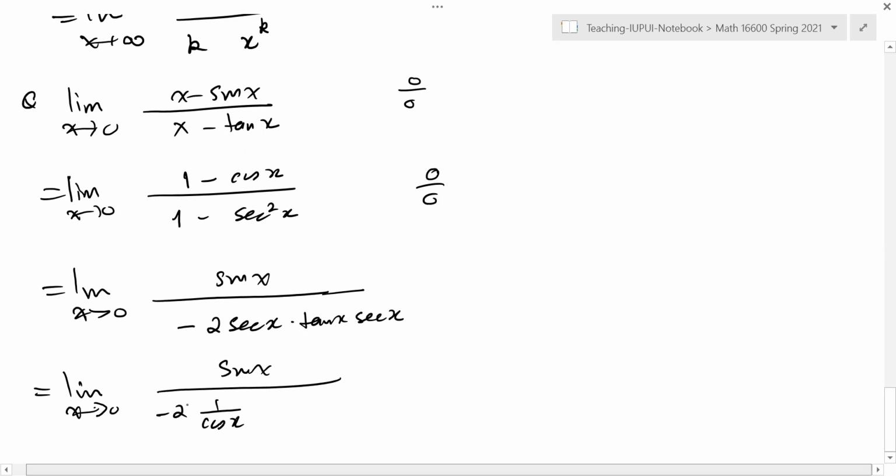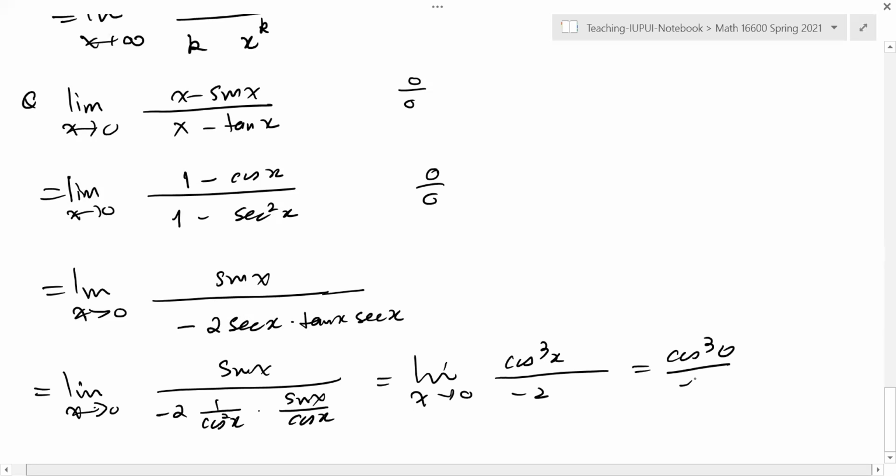Secant is 1 over cosine x, tangent is sine x over cosine x. After you simplify it, you will get nothing in the denominator. The sine x cancels out, it's cosine cubed x. Then you cannot apply L'Hopital's rule here. So you just plug 0 for x, you get cosine cubed of 0 divided by negative 2, so it's negative 1/2.